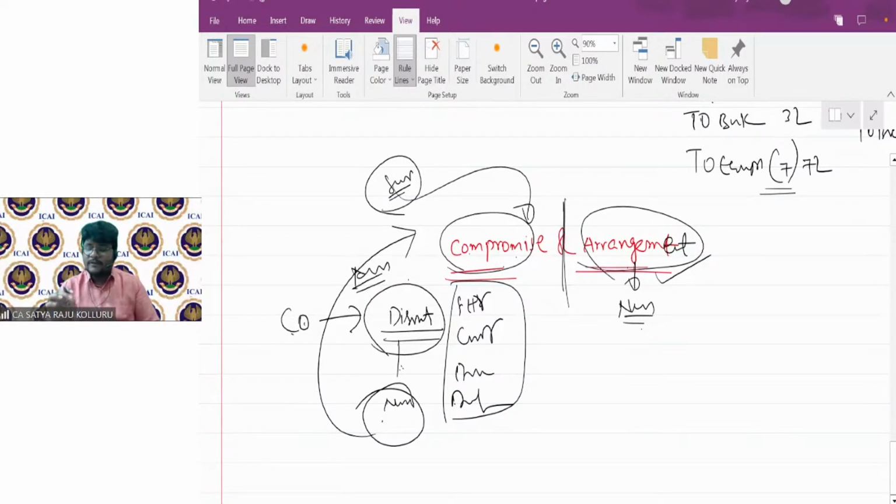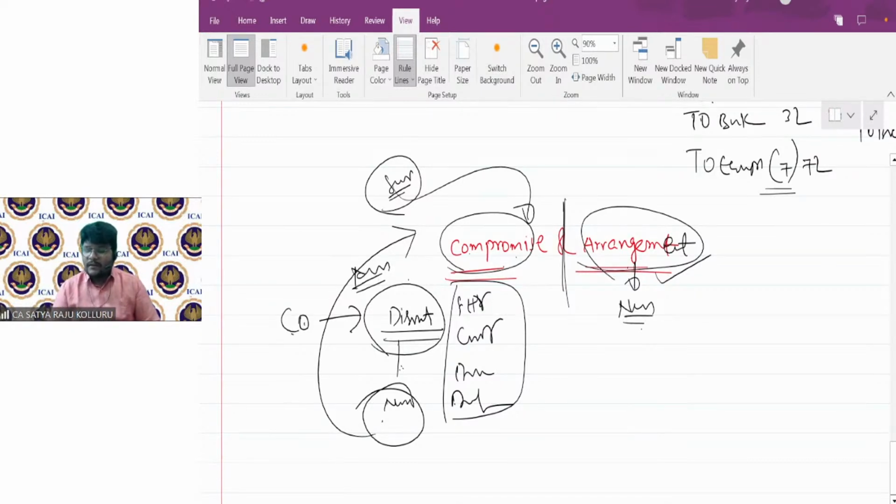If there is some structural change in the financials due to that agreement, then only we can call it compromise and arrangement. Not every condition we agree in between the company and the other stakeholders. So as per that compromise or arrangement agreement, we need to provide the accounting treatment.